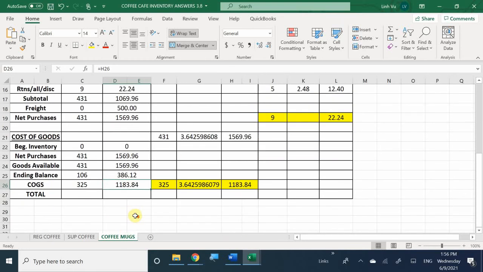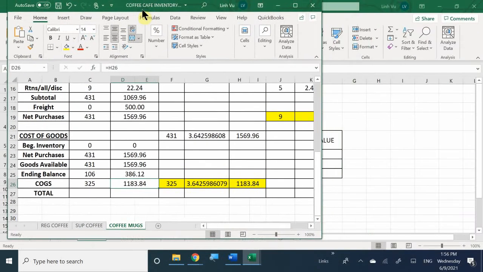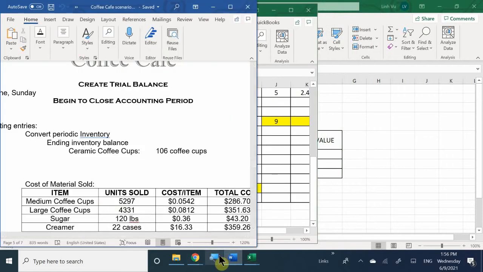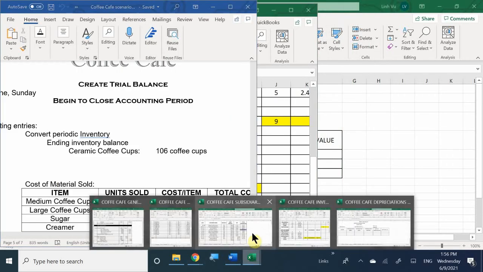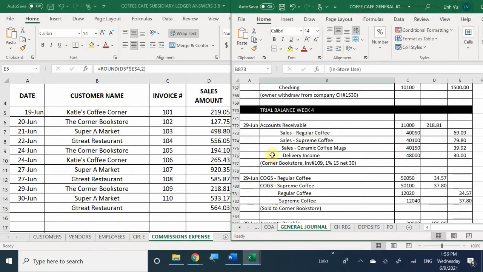So now let's go ahead and do our conversion entry. All right, so these are the numbers that I need to complete my conversion entry. So what should my journal look like?